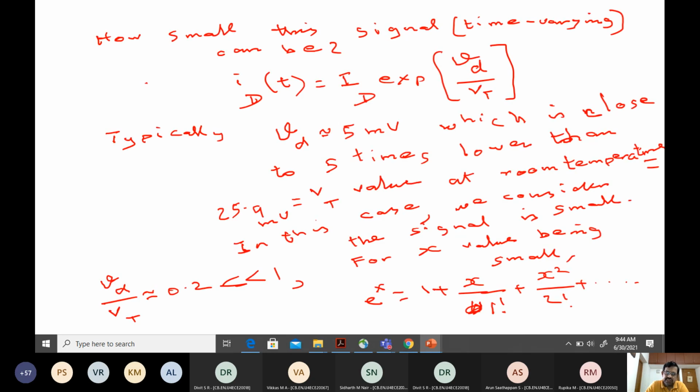What is the equation we have now? I will rewrite this equation. I_D of t, the total current, is related to the steady state current I_D, exponential of small v_d by V_t.